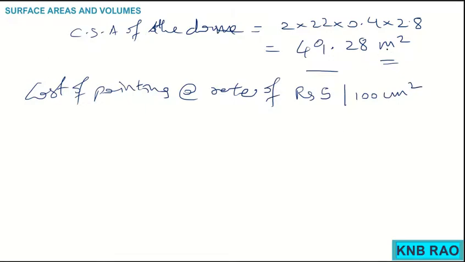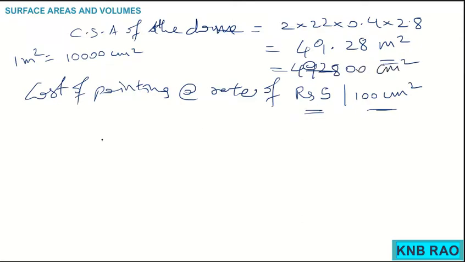Now, this is meter square and we are given 5 rupees per 100 centimeter square. So, I need to convert this meter square into centimeter squares. 1 meter square is 10,000 centimeter square, you know. So, if I multiply by 10,000, you will get in centimeter squares, that is 49, 28 and 00 centimeter square.